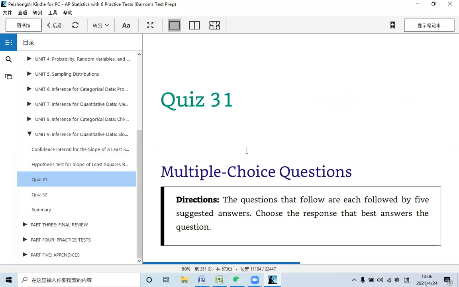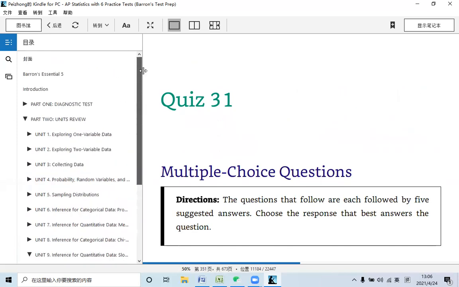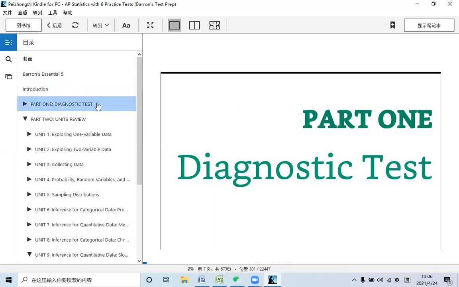So that's all about the course materials. These are all the materials that we have covered. And we are ready to do the practice tests. For the rest of the time before you take the exam, do as many questions as you want to, as you need to, as you can.